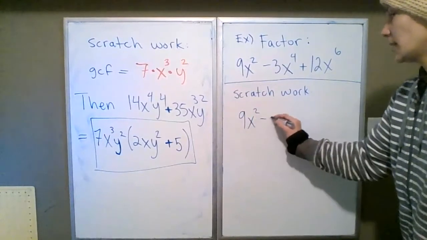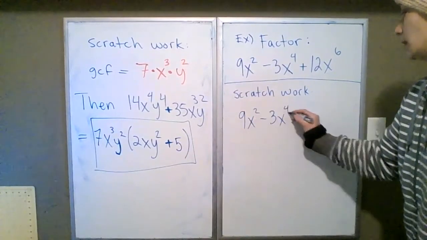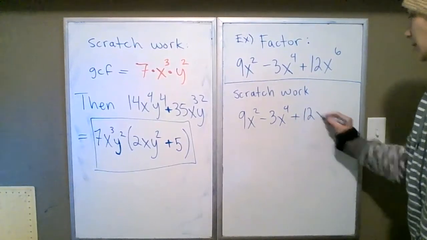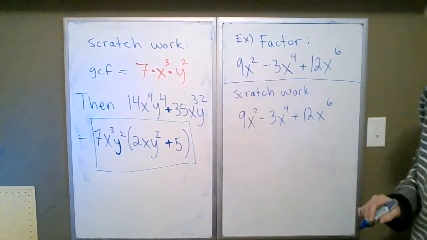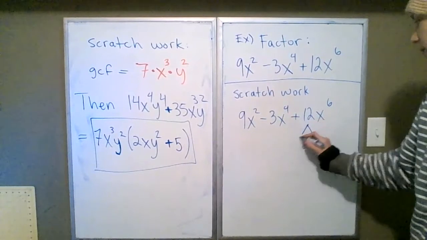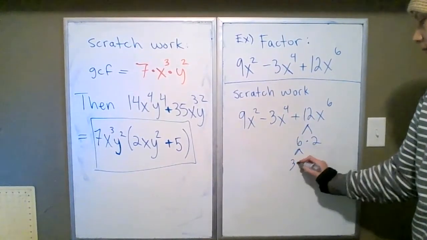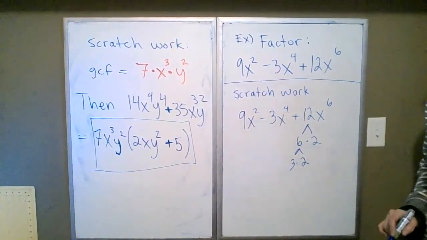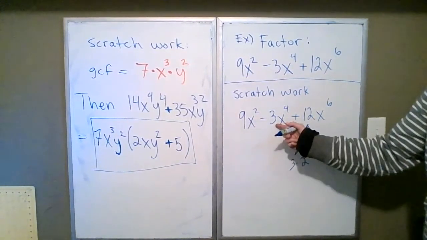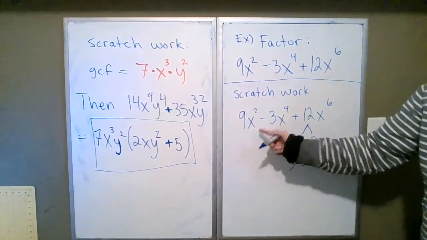So I'm just going to write this back down. And factor 12, which we could do like 6 times 2. 6 is 3 times 2. 3 is already factored. 9 can be factored to 3 times 3.